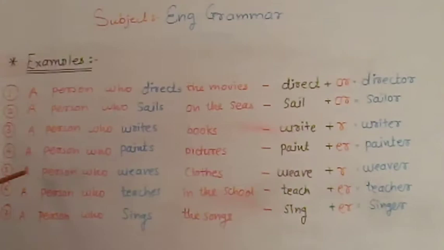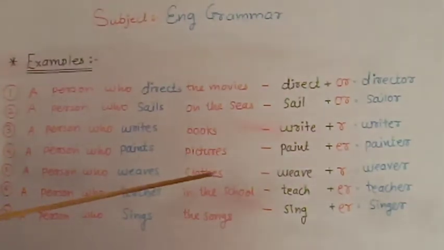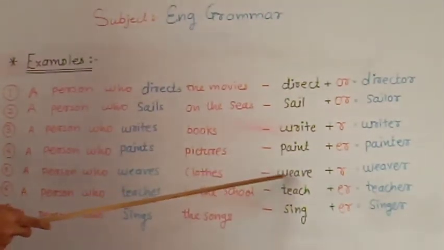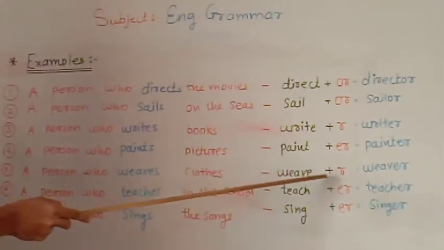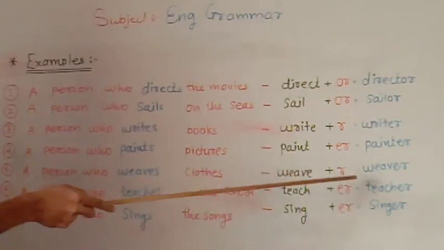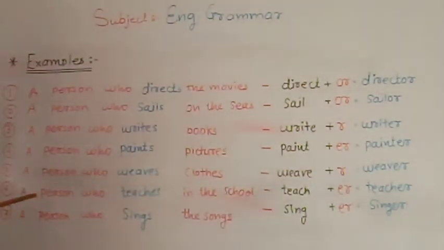Next sentence, a person who weaves clothes. In this sentence, weave is one of the verb, an action word. When we added r to the verb weave, it becomes weaver, one of the noun.